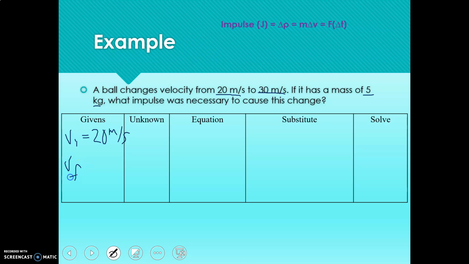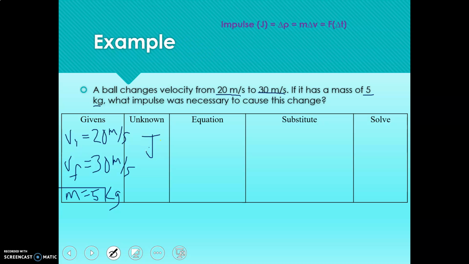So that's the final velocity, VF. And we also know that the mass of the ball is 5 kilograms. Okay, and it's asking us for impulse, so that's our unknown, J, impulse.